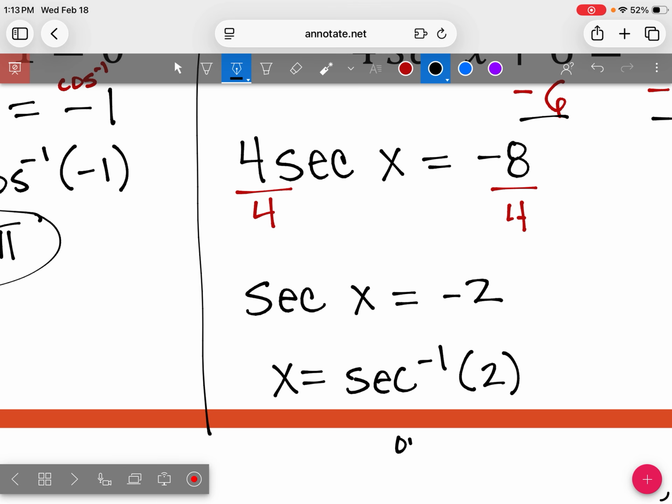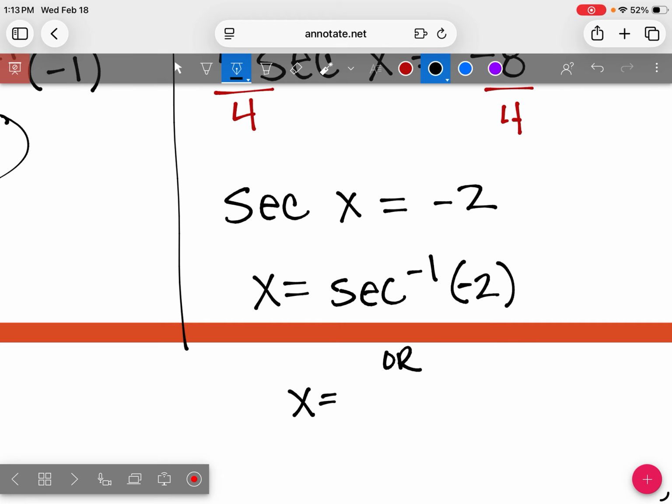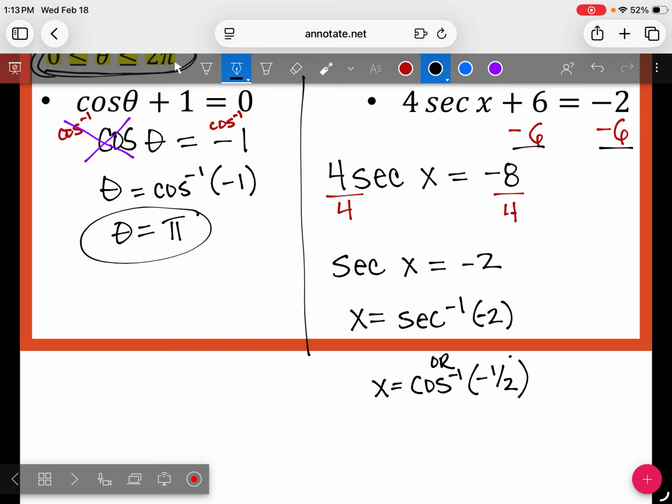Or you can write that in terms of cosine. Forgot the negative. And tell me where is cosine -1/2. So this has 2 answers. So you can write it 2 different ways. Inverse secant of -2, or inverse cosine of -1/2. So there should be 2 answers.